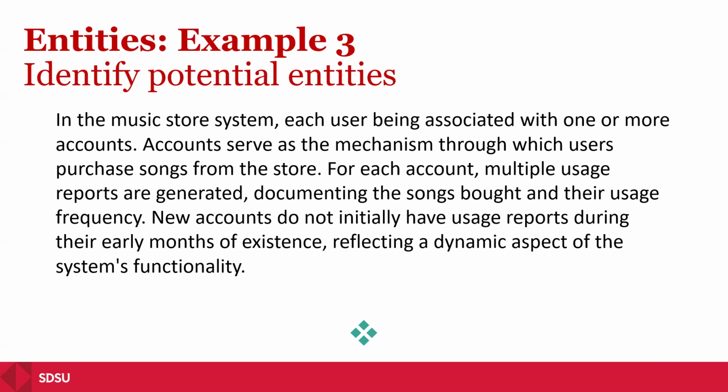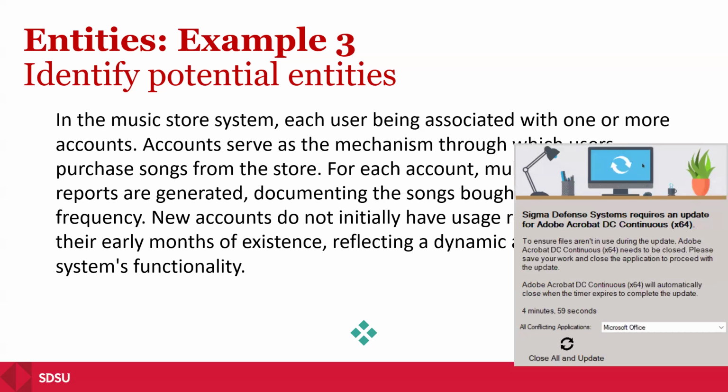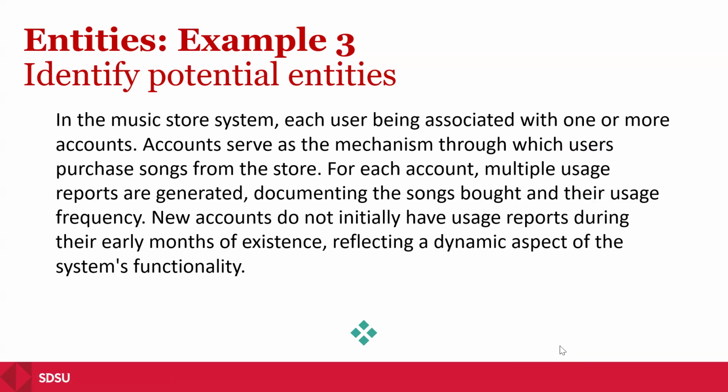For each account, multiple usage reports are generated, documenting songs and their usage frequencies. New accounts do not initially have usage reports. However, during their first months of existence, they do, reflecting a dynamic functionality of the system.